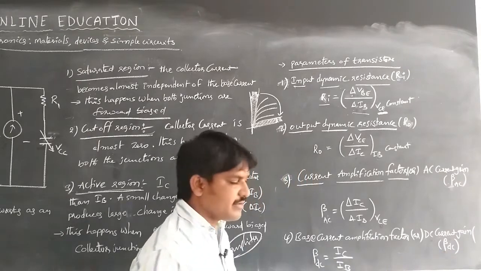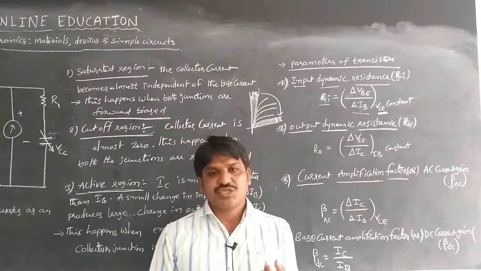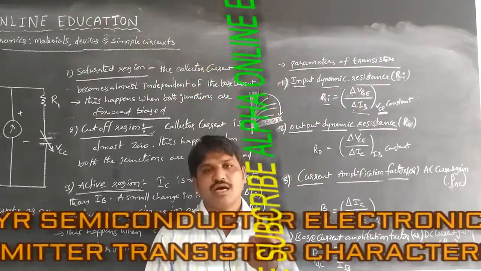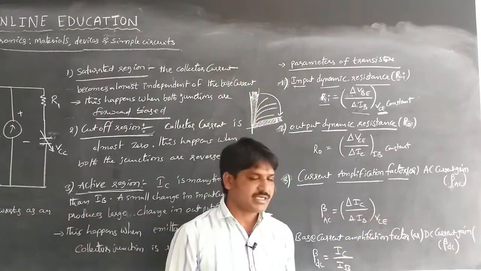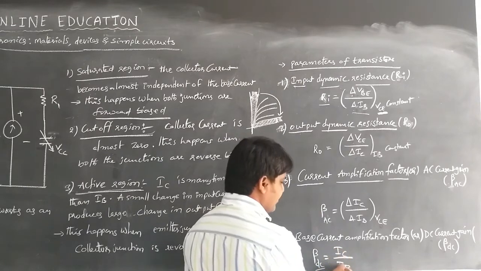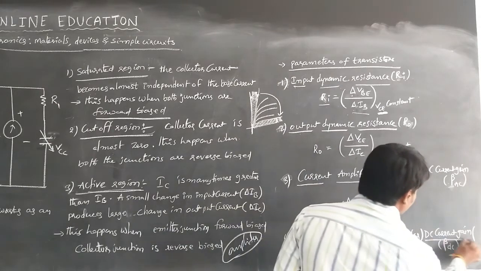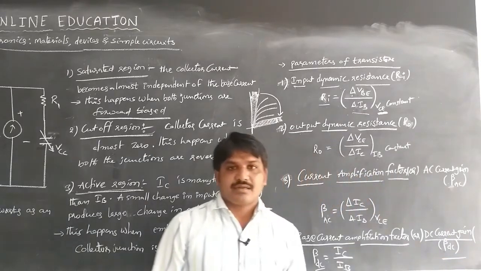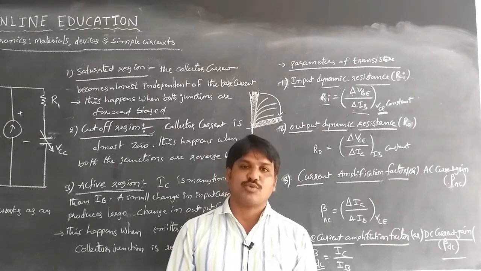Beta DC is the ratio of collector current to base current, so beta DC is equal to IC by IB. This is about the base current amplification factor and the common emitter transistor input and output characteristics.